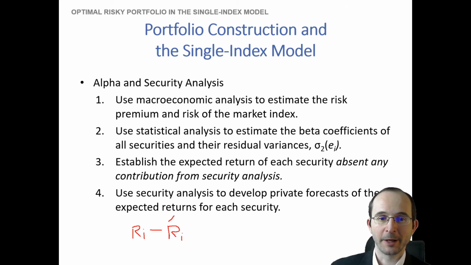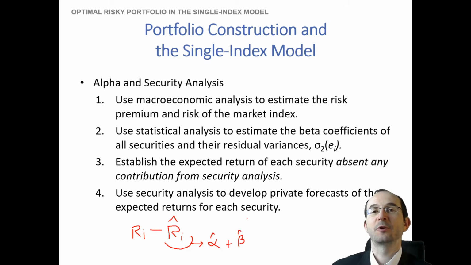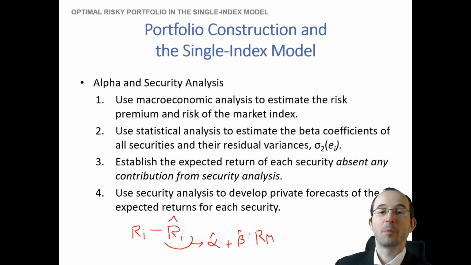We'll call that Ri hat, and Ri hat is going to be our alpha plus our beta. We can denote those as alpha hat and beta hat because those are the estimates from our regression model, times the return to our market portfolio, the S&P 500.